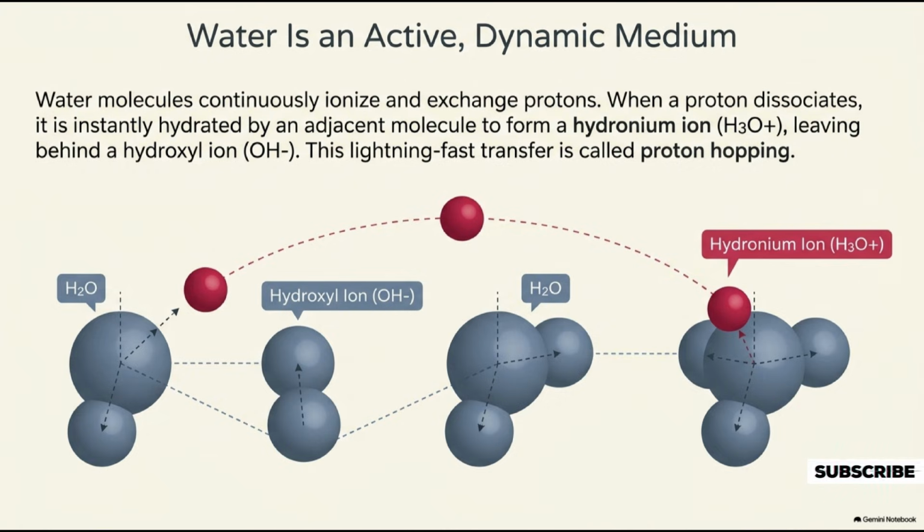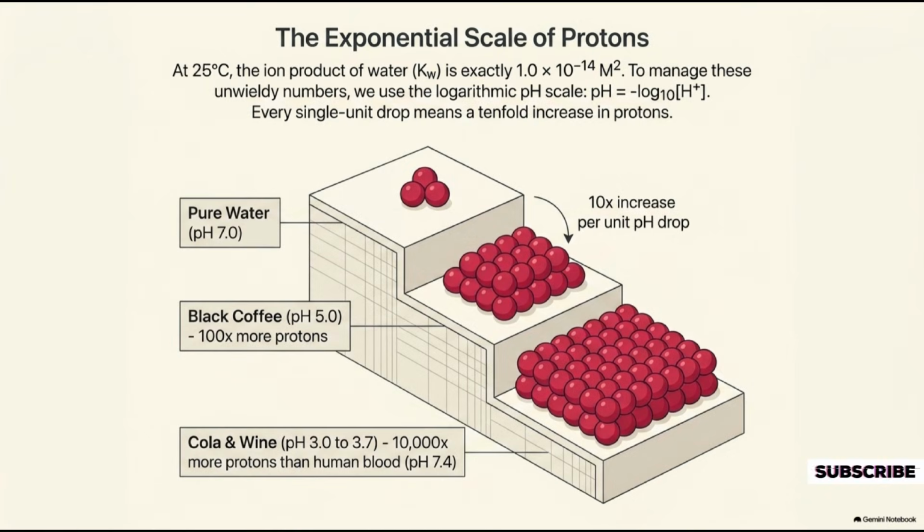By convention, we often refer to the hydronium ion concentration simply as the hydrogen ion or proton concentration, represented as H+. At 25 degrees Celsius, this reversible ionization reaches an equilibrium governed by an equilibrium constant.